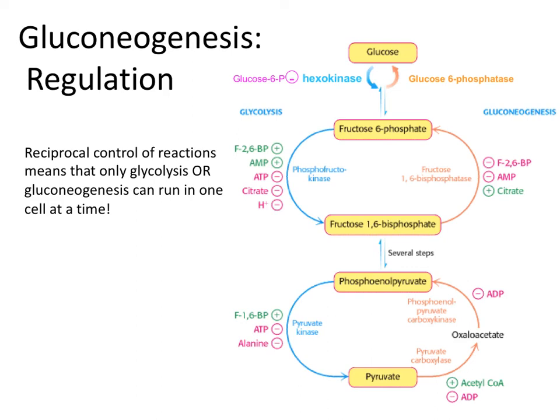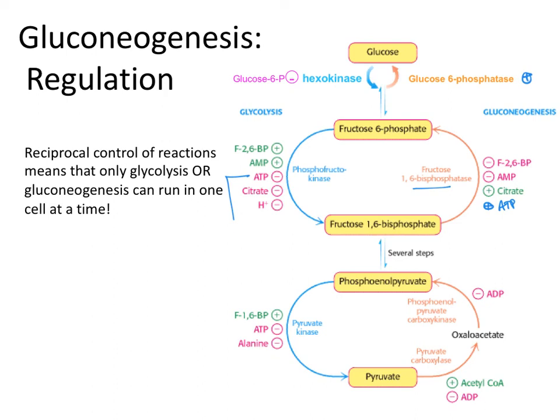Glucose 6-phosphate inactivates hexokinase, but it can activate glucose 6-phosphatase. We've got allosteric regulation of phosphofructokinase. You can see that some of the same things that activate fructose 1,6-bisphosphatase are inactivating phosphofructokinase and vice versa.